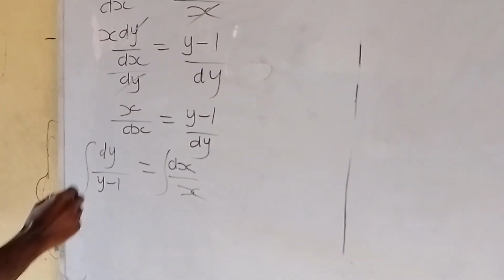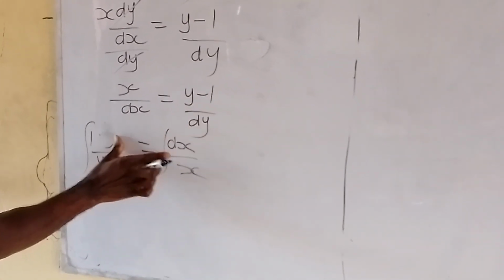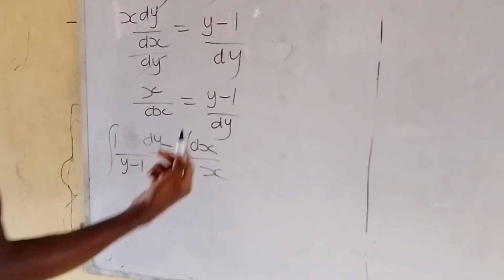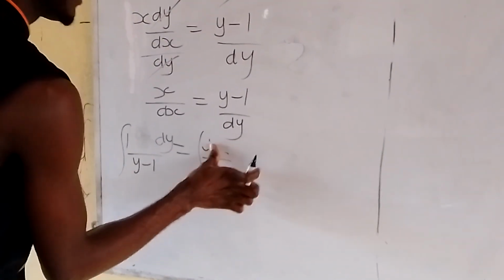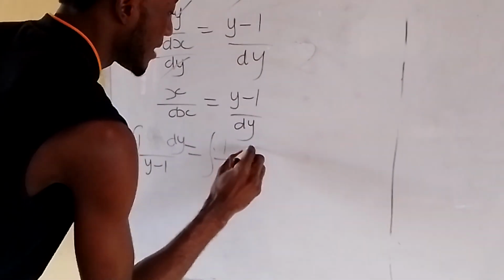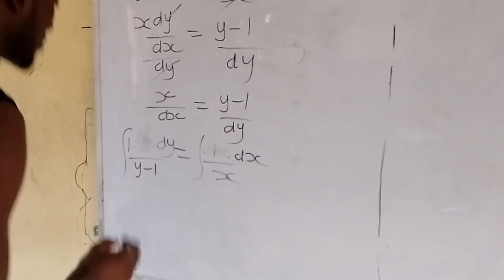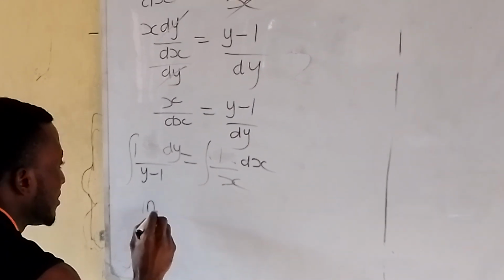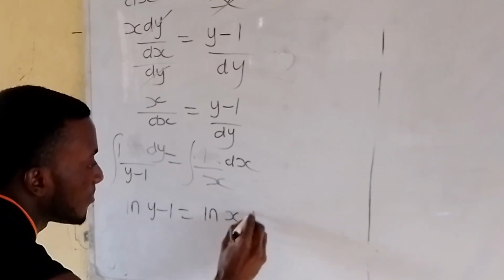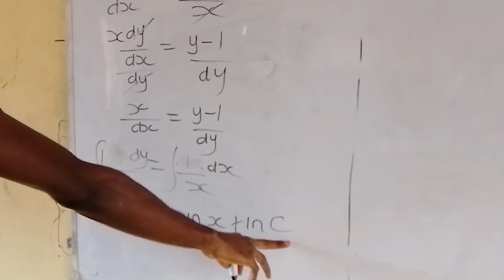Integrating both sides, this can also mean 1 over y minus 1 dy, because when 1 multiplies, it's still the same thing, equals 1 times dx over x. That's going to give us ln of y minus 1 equals ln x plus the constant of integration. Remember, when we are integrating, we always add the c.